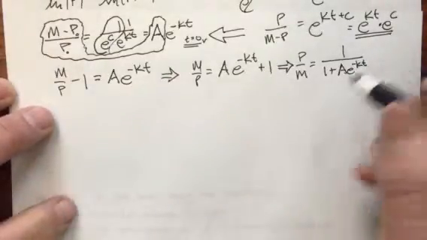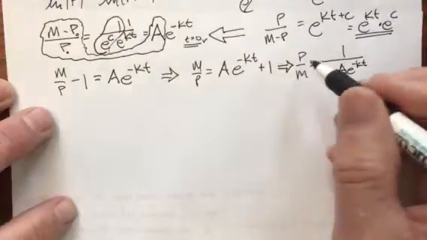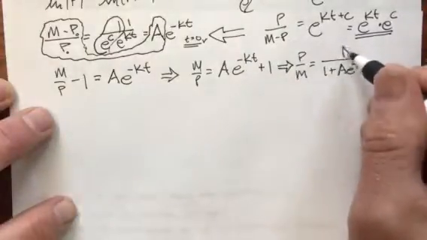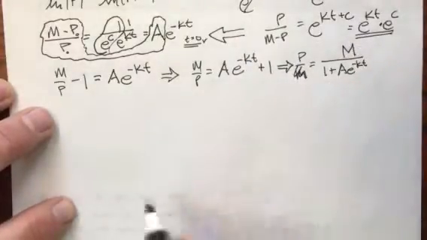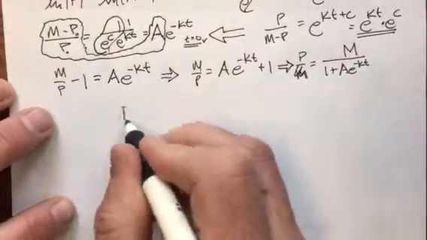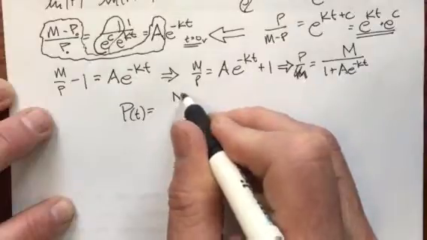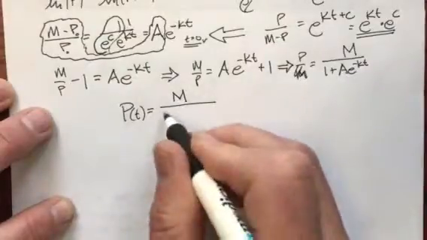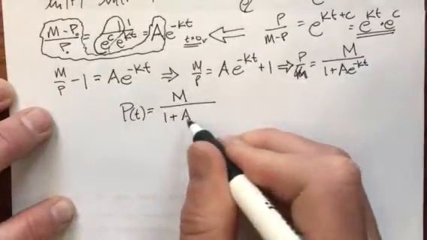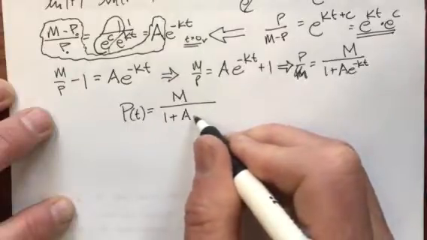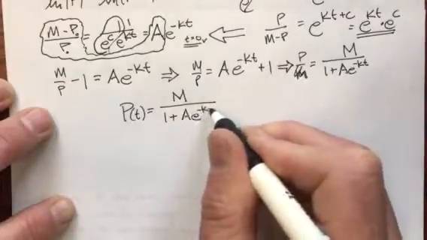Okay? Well, we're close. I can get p by multiplying both sides by m, cross that out, and then I wind up with my all-important equation that the population varies with time according to that maximum amount m over 1 plus our a value, that constant value, times e to the minus kt.